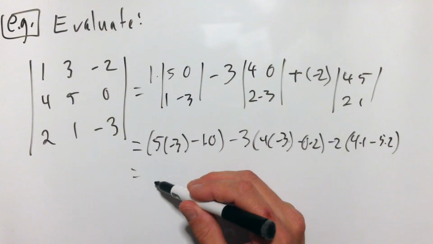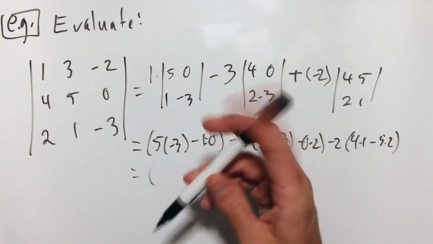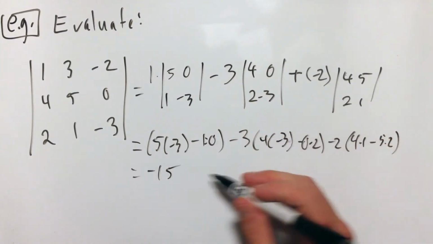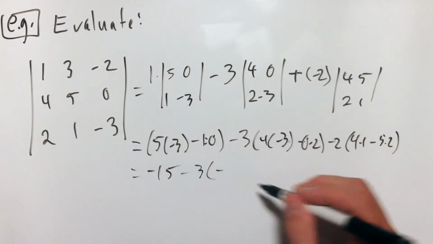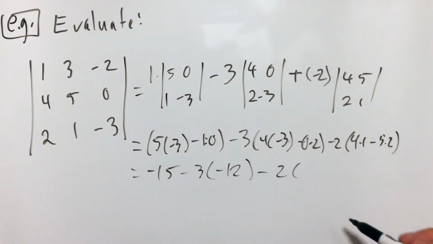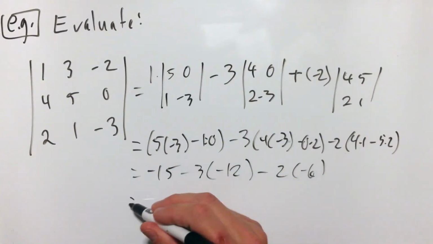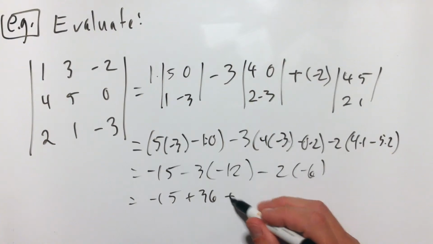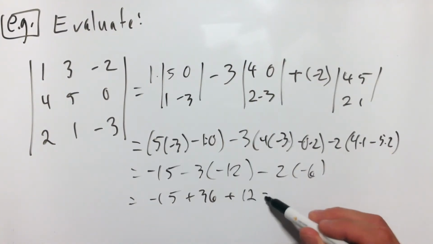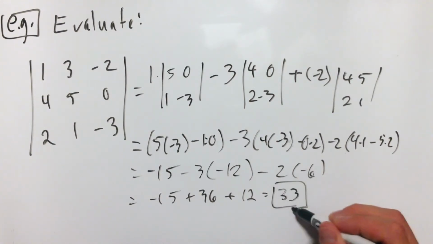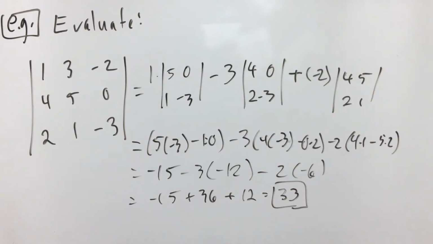This works out to negative 15, minus 0, great, minus 3 times negative 12, minus 2 times 4 minus 10 is negative 6. That's negative 15, plus 36, plus 12 is equal to, looks like that's 33. Great. So that is how we can evaluate a 3 by 3 determinant.